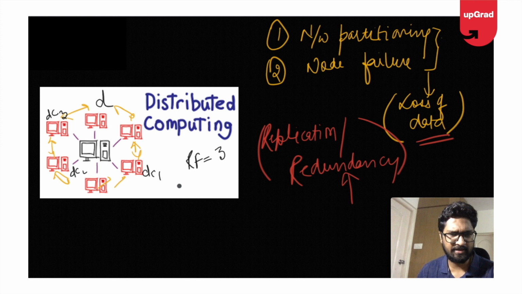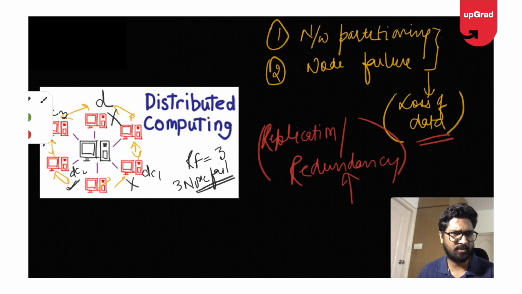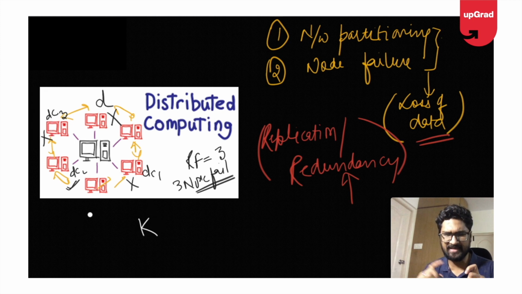So with the bringing of this redundancy, with a replication factor of 3, it means that even if 3 nodes fail, for example, if this also fails and this node also fails, I'll still have one copy of data available. So what it means is that if we have a replication factor of k, for a given node there are k additional copies.